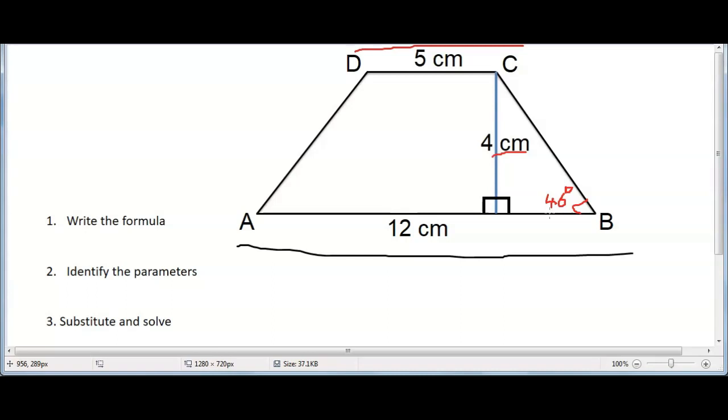Half the sum of the parallel sides, the parallel sides are AB plus DC, times the height. The height is BC. Then sine of the included angle.